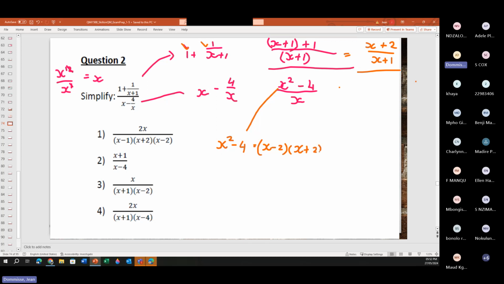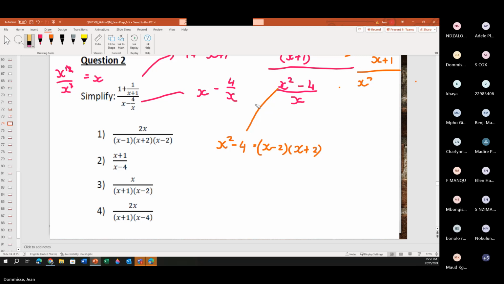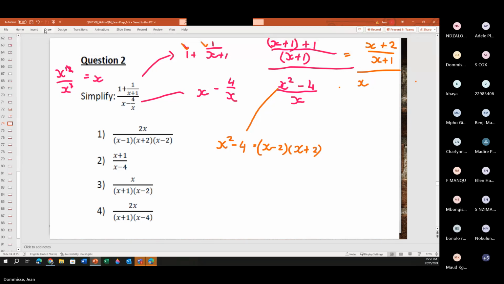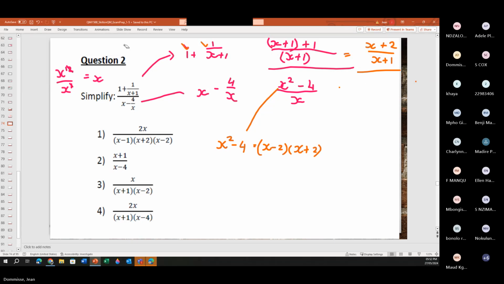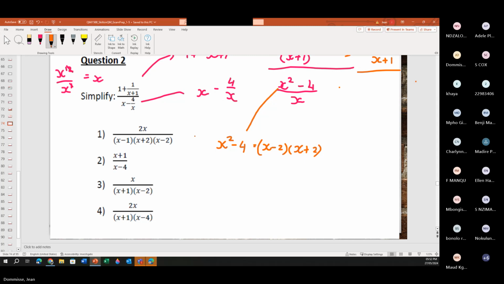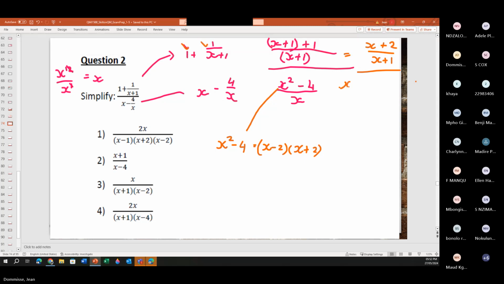Okay, so if we factorize that, so now we sit with x minus 2, x plus 2 over x.